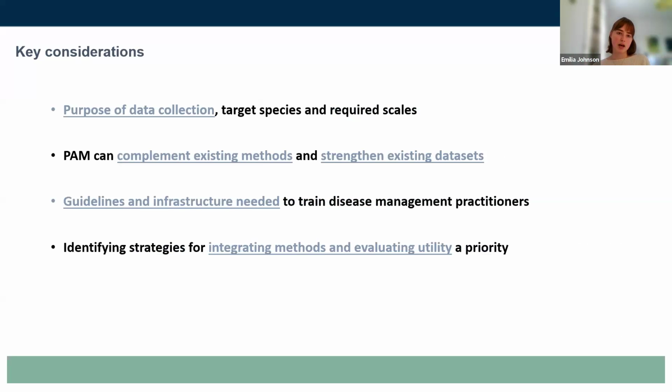And yeah, a general consideration, again, more for epidemiologists, is it offers a valuable addition, but it doesn't replace existing methods, so it's best used in conjunction. And as an emerging application, you need to have a think about how this is going to be practically deployed and evaluated, and how analysis pathways can be adapted for disease-specific applications.